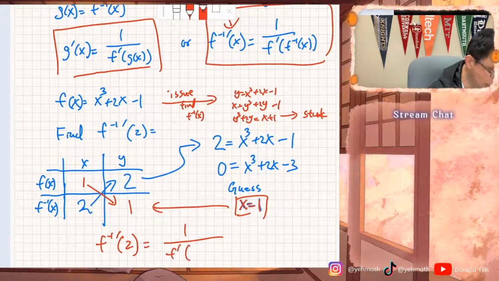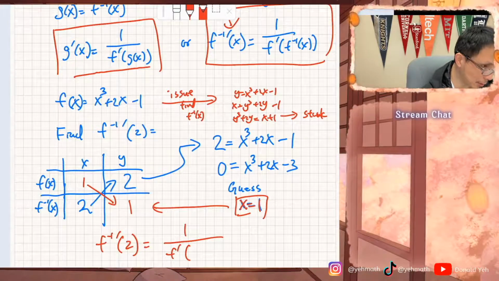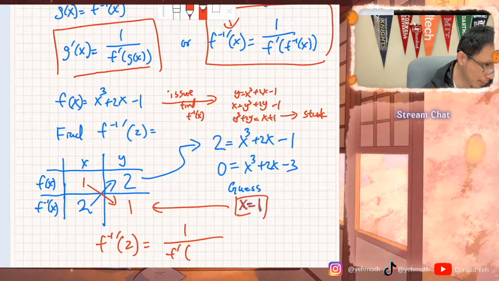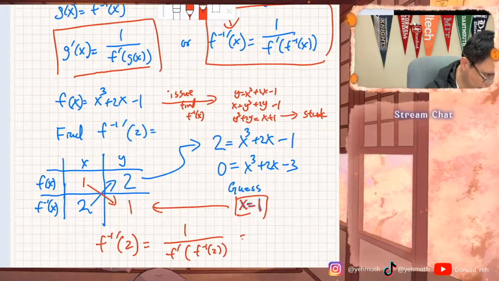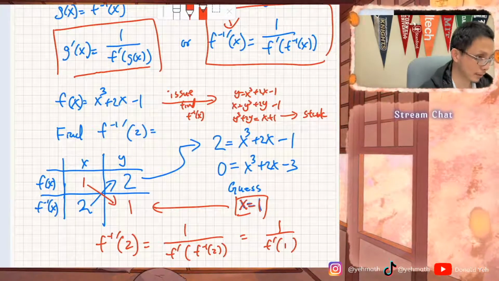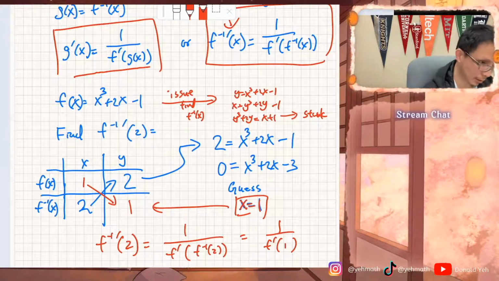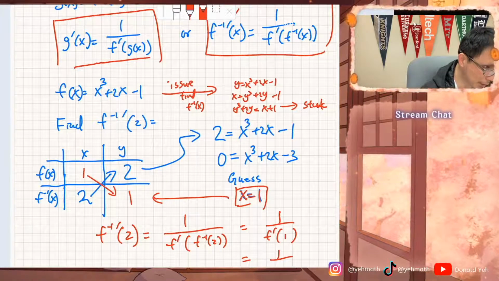F inverse of 2 is what? Yeah, 1. So it is equal to 1 over f prime at 1.